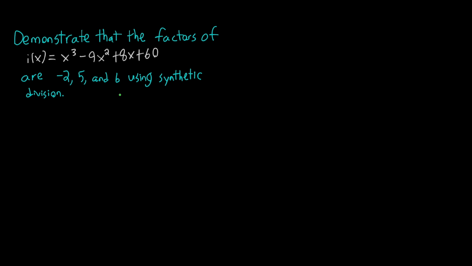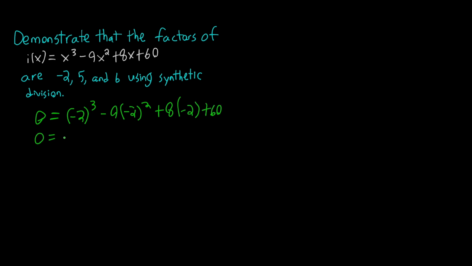Okay, so assuming that you have tried the problem, we're going to start by plugging in -2 to this equation. So we're going to get 0 is equal to (-2) cubed minus 9 times (-2) squared plus 8 times (-2) plus 60.